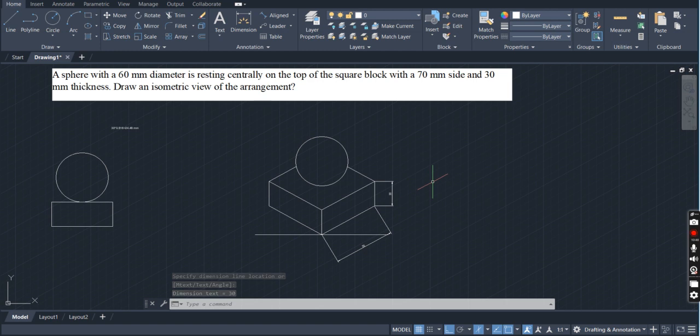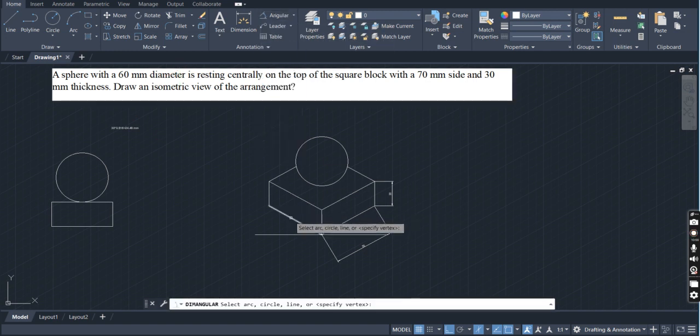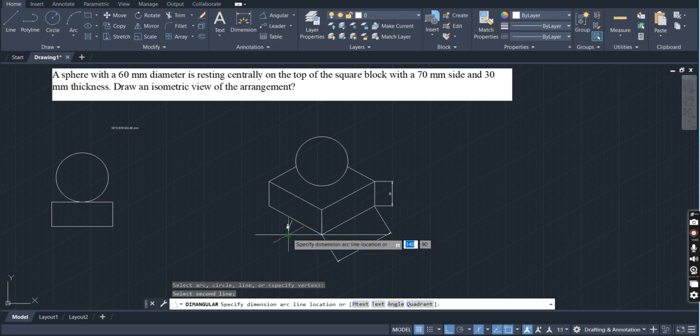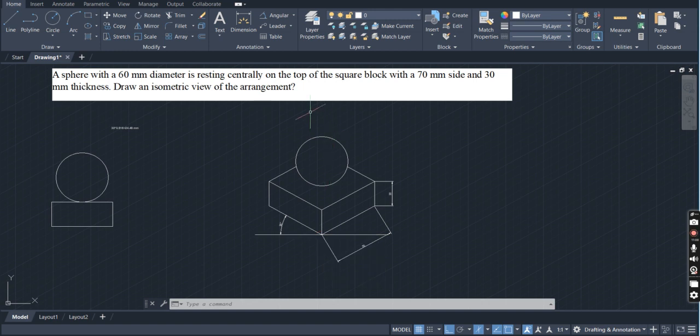You need to give the diameter also, and one more thing is the angle. Never forget to give the dimensions in any object, in any question. This side also 30 degrees.